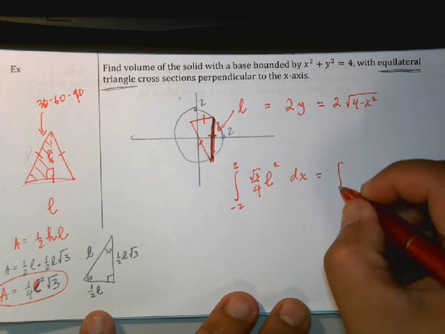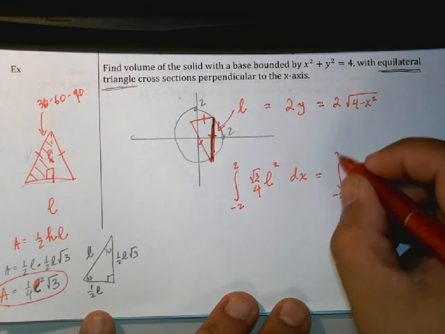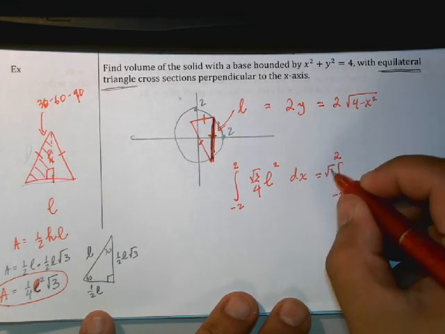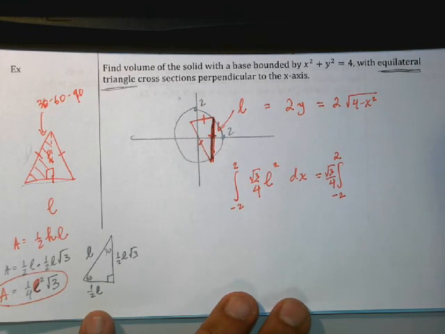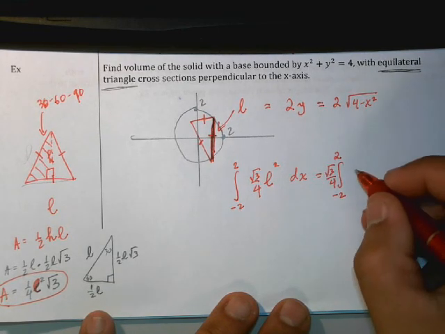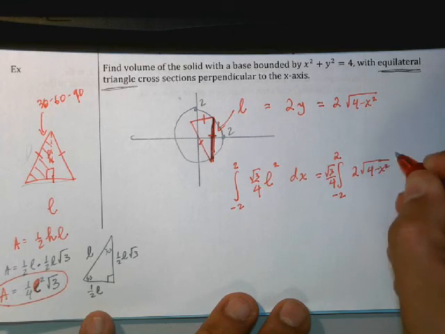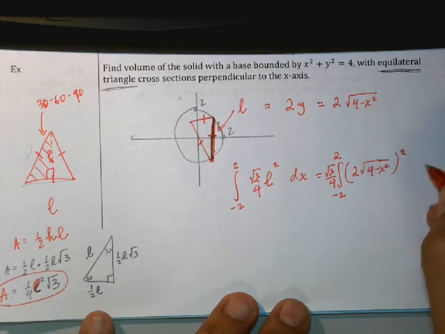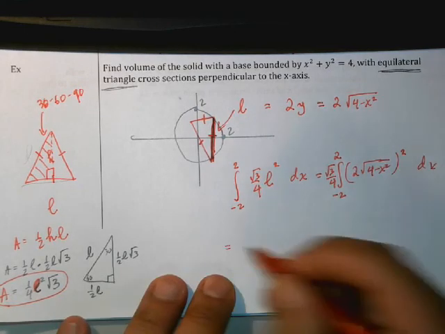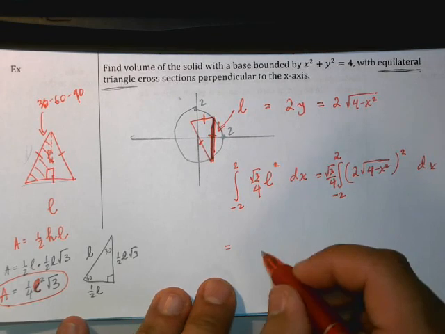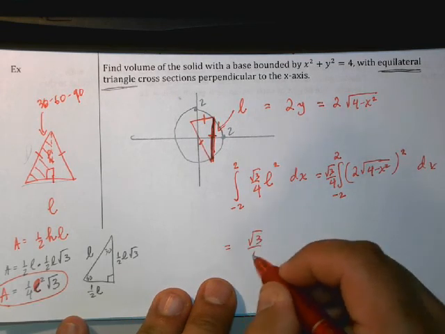So from this we can make our substitutions, and we're integrating between -2 and +2. I'm just going to pull the root 3 over 4 out to the front, and then we have 2 times square root of 4 minus x squared, squared, dx. So there's some simplifying here that should be done.